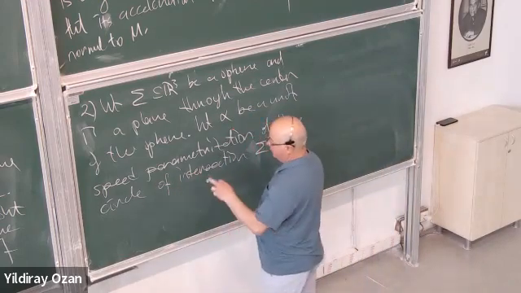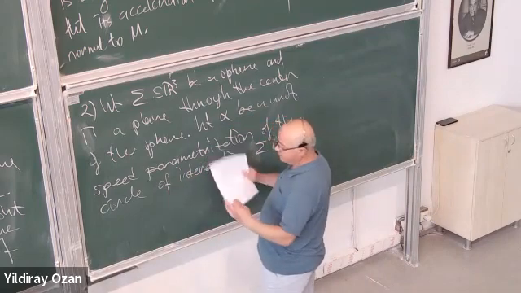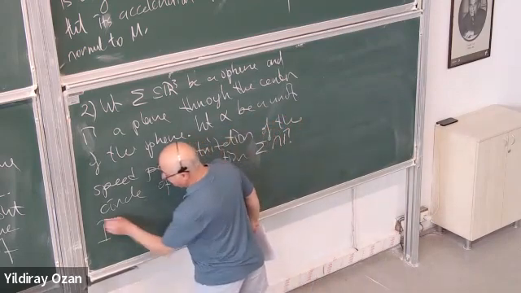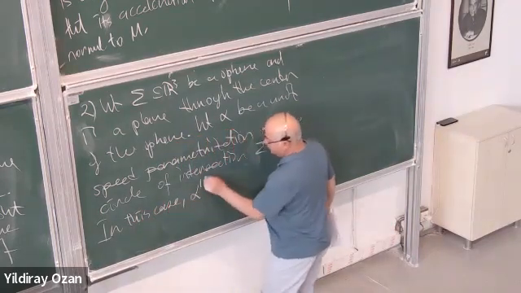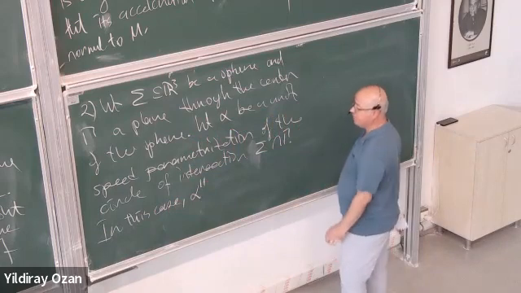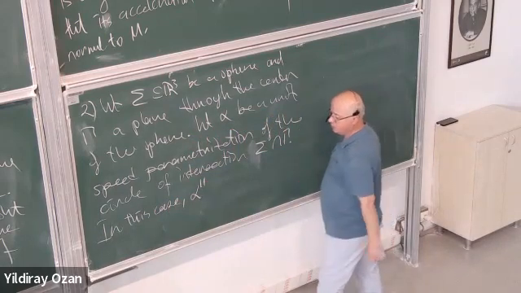Well, alpha is a circle. We have seen this. In this case, this is the acceleration vector of that great circle.